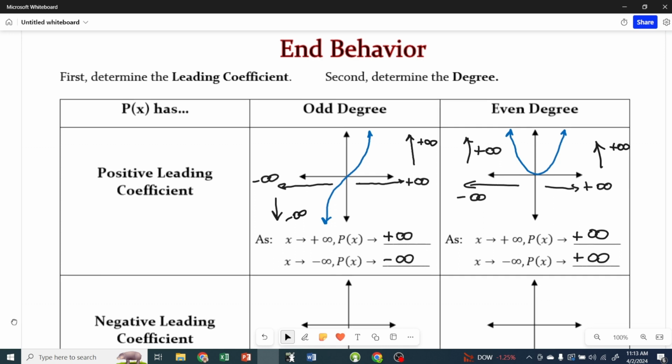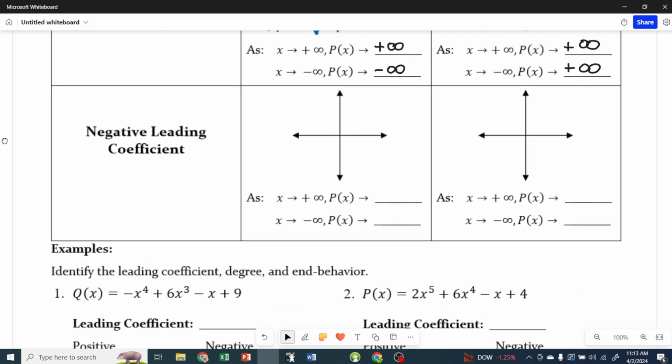Now, if it's a negative leading coefficient, we can look at this and say, okay, what's going to happen? Well, this is going to be reversed. So this graph is going to be doing this type of behavior. So as we approach positive infinity, this graph is going to negative infinity. And as we approach negative infinity, it's going to be approaching positive.